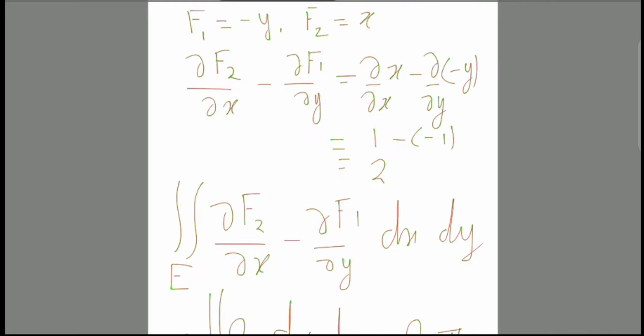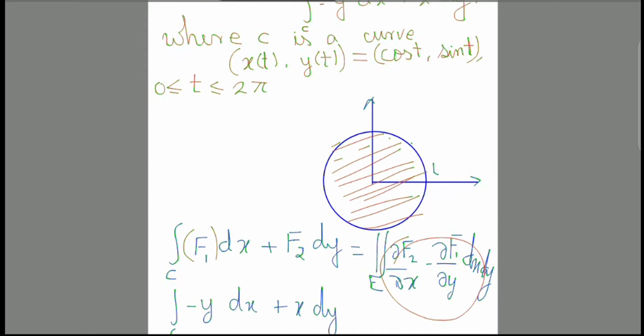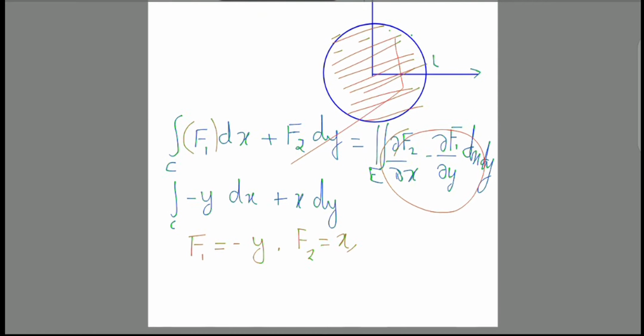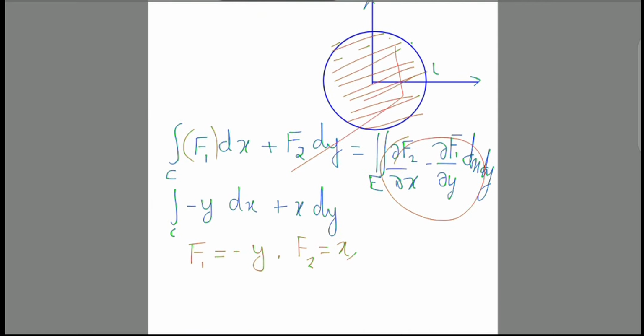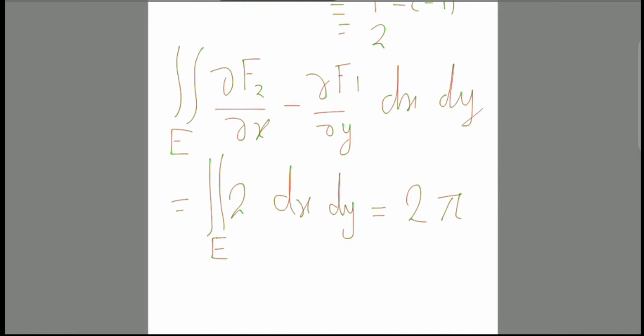Now let's look at the left hand side of Green's theorem. We have minus y dx plus x dy, which is given in the question as well. Let's compute the integral of minus y dx plus x dy.